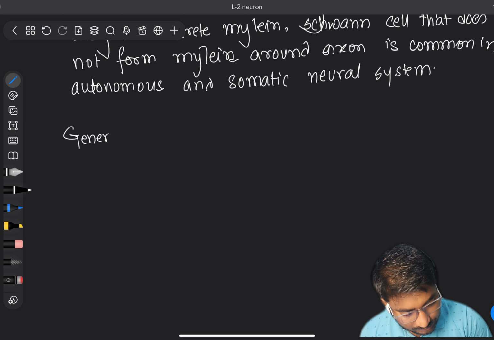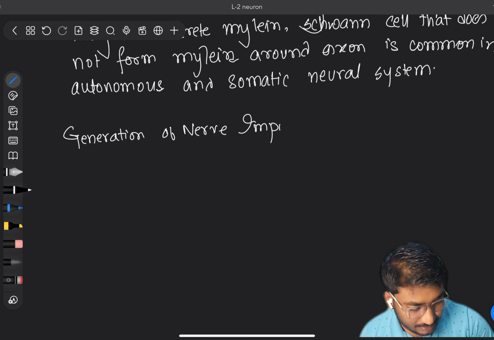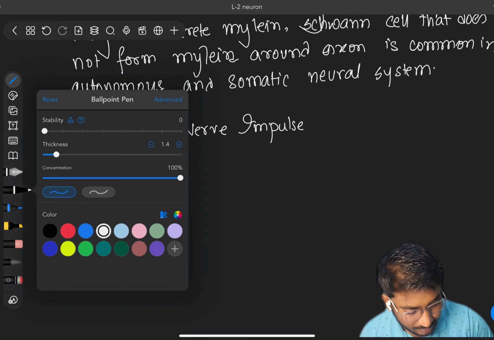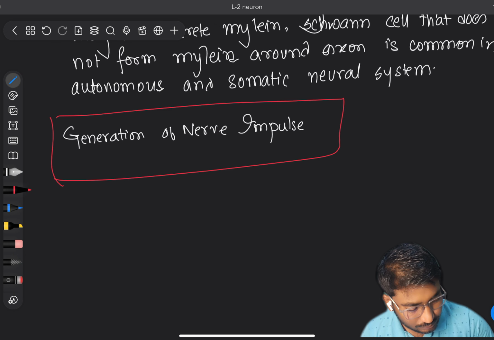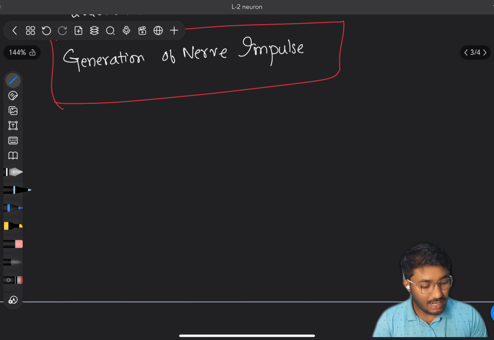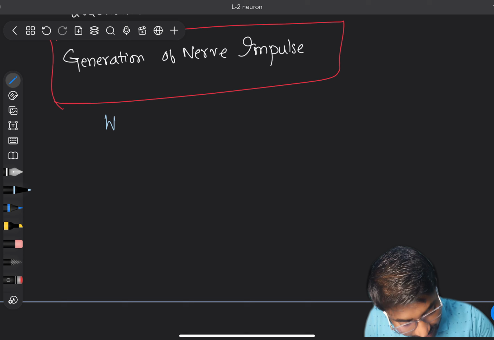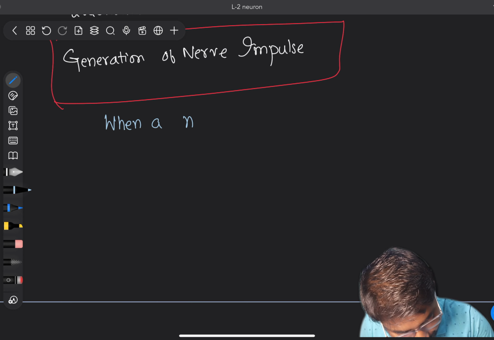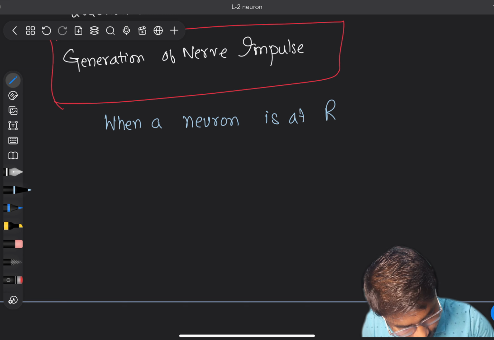So here now the important part is coming. Generation of nerve impulse. How is a nerve impulse generated? See how the nerve impulse is being generated. The nerve impulse is generated when a neuron is at rest.